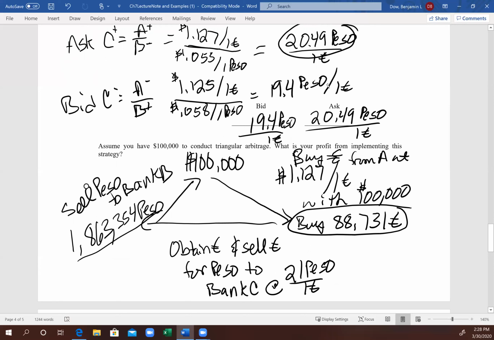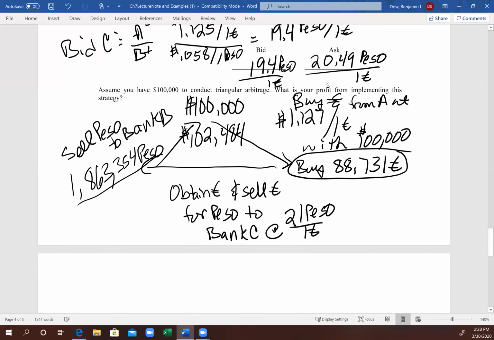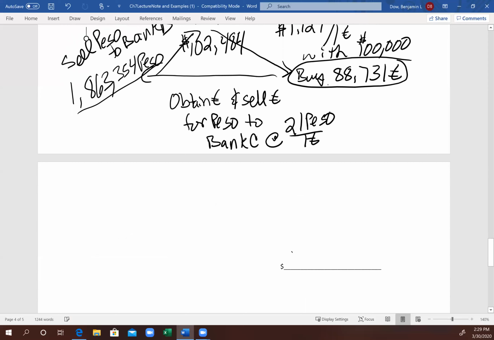So if I get about 5.5 cents, I end up with $102,484, thereby making a profit of about $2,484.